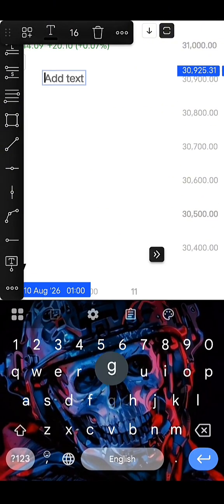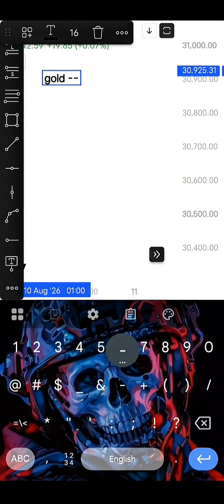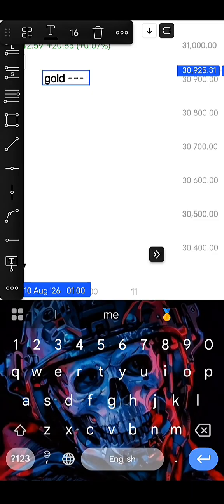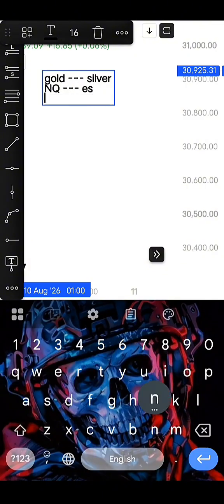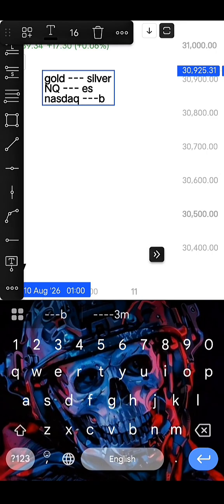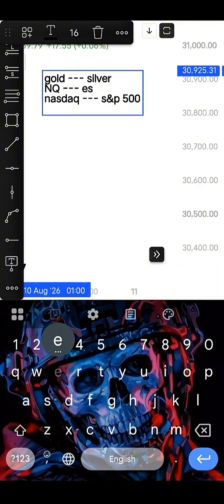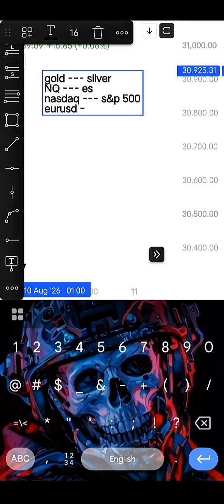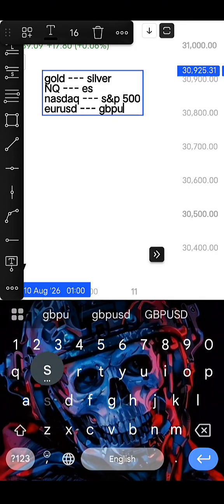If you are trading gold, you will see your SMT with silver. If you are trading NQ or MNQ, you will see your SMT with the ES. If you are trading Nasdaq, an indices pair, you will see your SMT with the S&P 500. And if you are trading forex, EURUSD, then you will see your SMT with GBPUSD.